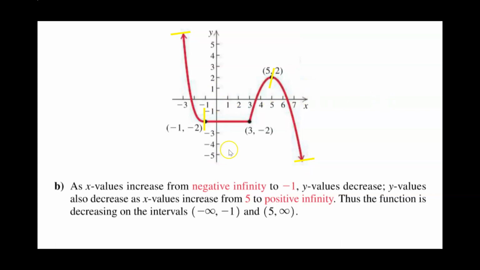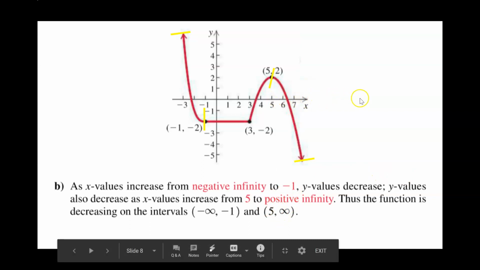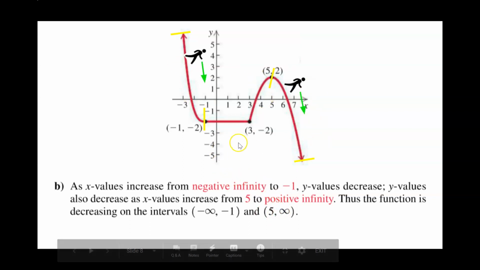Again, we're not going by the y, because yes, it's going down to negative infinity, but we're going to the right. Again, x value is left to right, so it's going to the right. Even though it's going down, it's still going to the right to positive infinity, because these numbers are getting bigger. So from 5 to positive infinity is our second part of the answer. So these parts here, where my little guys are going down, are decreasing.